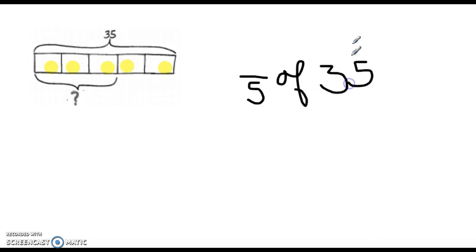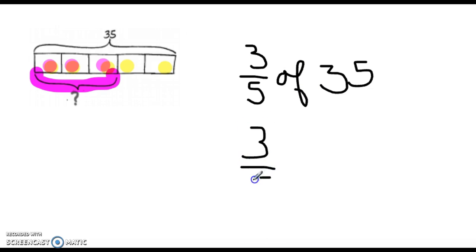And how many fifths do I want? Well, it looks like the bracketed area here is talking about 1, 2, 3 of those fifths. So 3/5 of 35. Now, we've talked that of is really just another way that we say multiply. So the math I'm doing here is really 3/5 times 35.